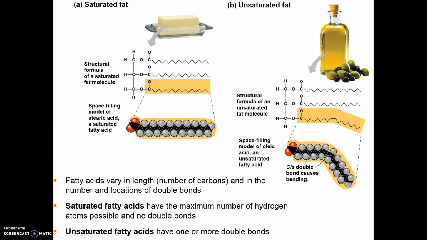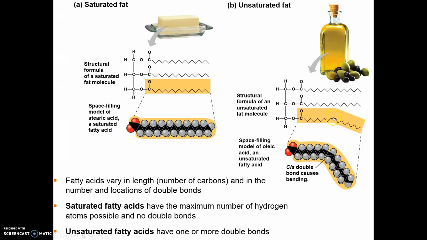Now, when we start thinking about the inclusion of double bonds in these long hydrocarbon chains, remember that double bonds have a different geometry than single bonded carbons, right? So now we've moved away from the tetrahedral structure, which leads to this type of arrangement, and now we result in something that is more planar in nature. And this planar nature can form both cis and trans conformations.